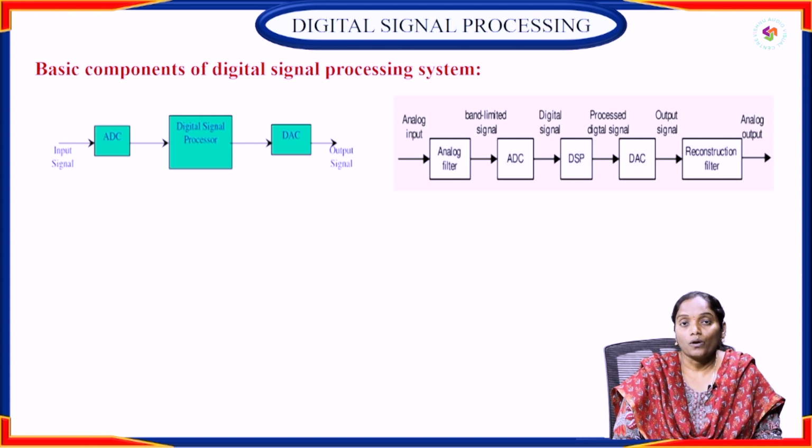The analog filter is a low pass filter that is used to band limit your incoming signal. When it is band limited, it avoids the aliasing effect. Also, it removes the high frequency noise.